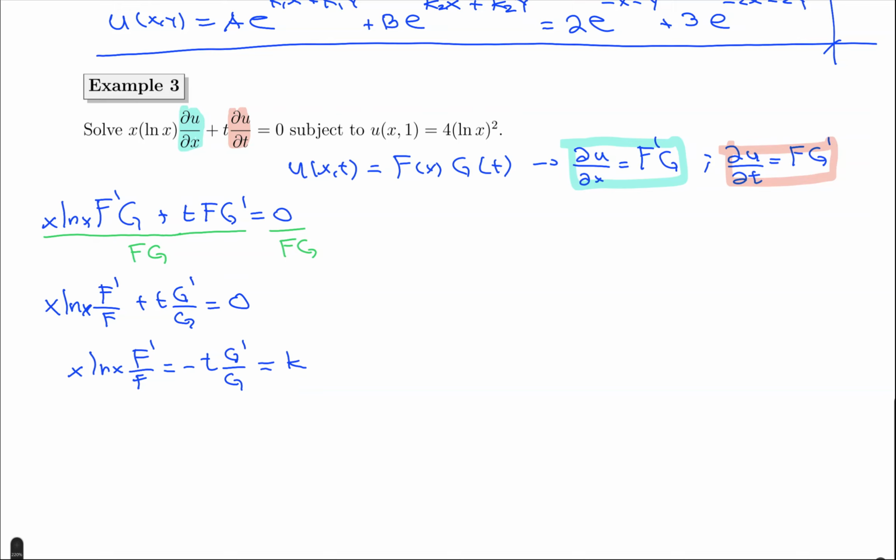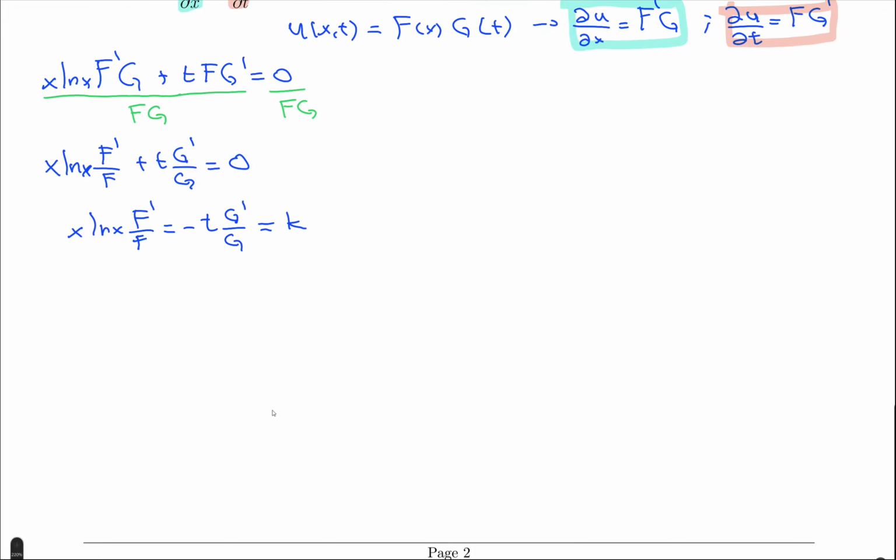All right. So let's solve the two equations separately. I'm going to do x ln x times f prime over f equals k. Just a little bit of vocabulary here when we're solving this type of equations. If you ever take an upper division course that includes partial differential equations, whether in a mathematics course or in an engineering course containing solutions of PDEs, you may see something like this.